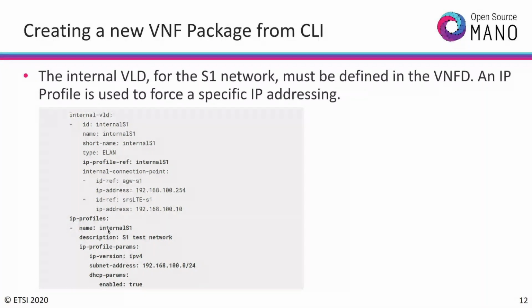So you set this to be, for example, IPv4, the subnet address, and the prefix, and if you want DHCP or not. We are setting this in a global IP profile named internal S1, and we refer to it in the internal VLD, so it ensures that the VIM creates a subnet with this prefix. And then these IP addresses will be correctly applied.